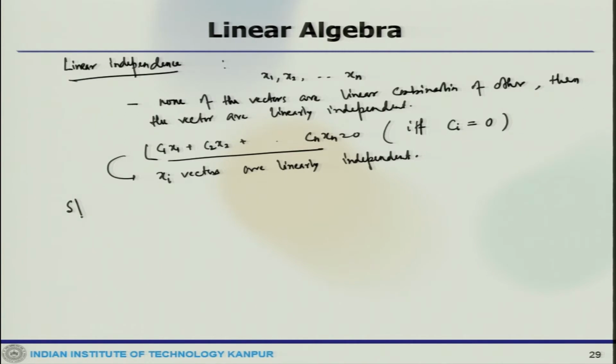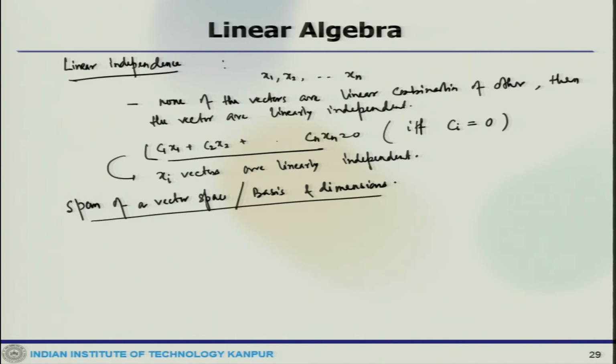Now, the next topic is the span of a vector space, and basis and dimension. Here again, to explain that, we will start with an example. For example, let us say the vectors are 1 1 1, 1 2 1, and 2 3 2.